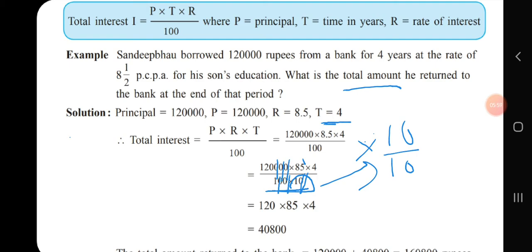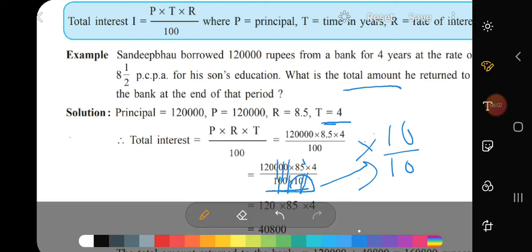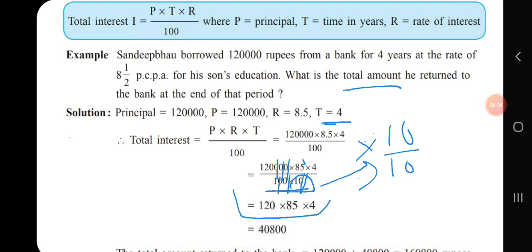Now remaining is 120 into 85 into 4, and that value is going to come as 40,800.